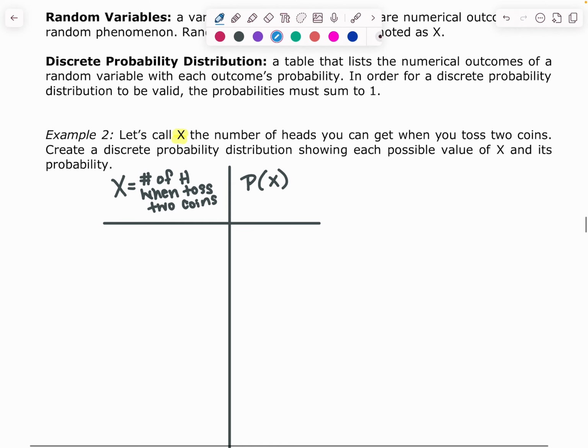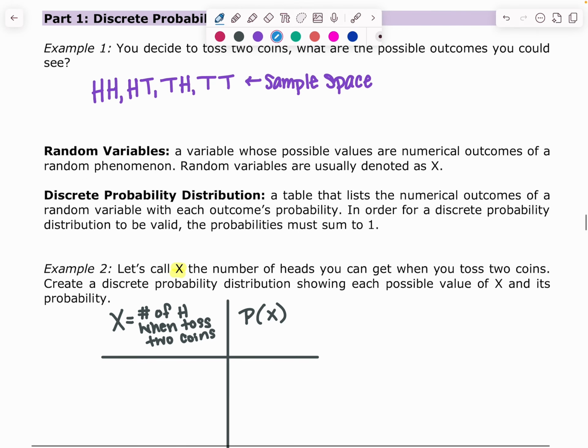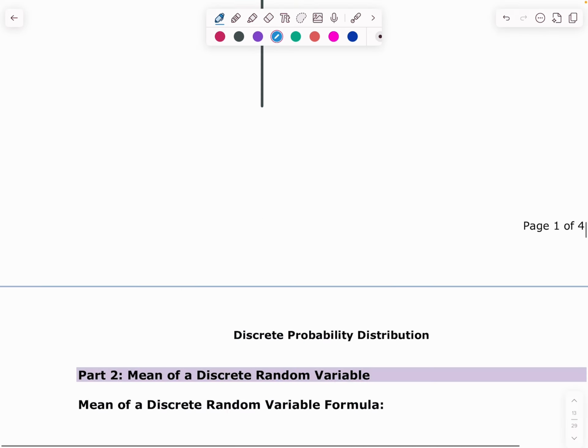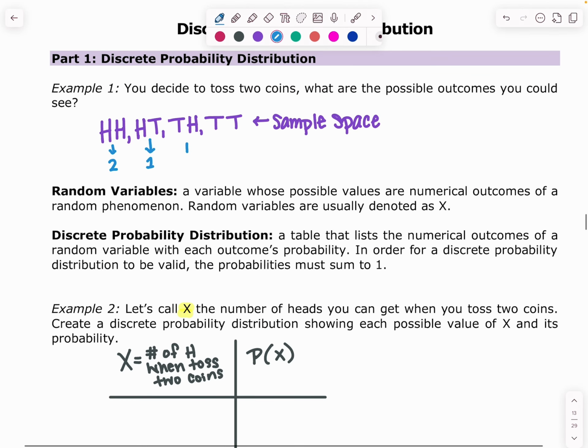So if I scroll back up and I look at my sample space, here I have 2 heads. Here I have 1 head. Here, oh gosh, what happened? I'm so sorry. I don't know what happened. Here I have 1 head. And here I have 0 heads.